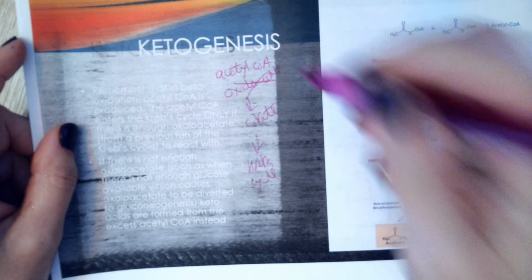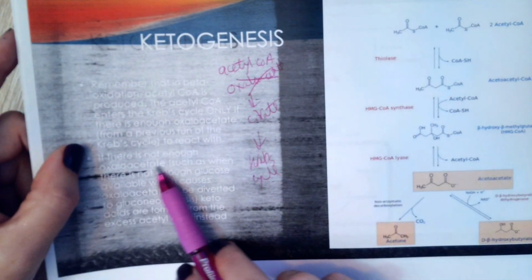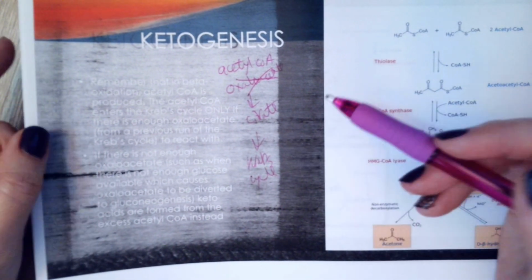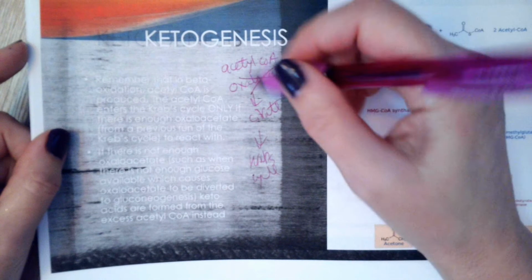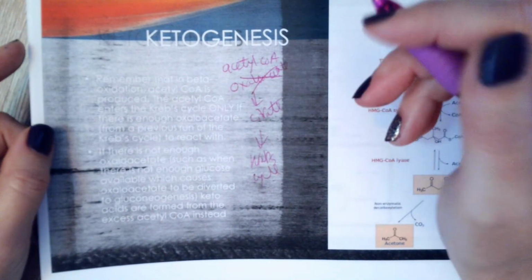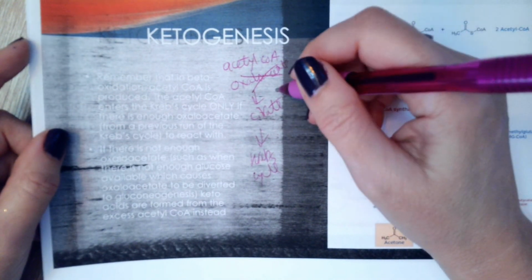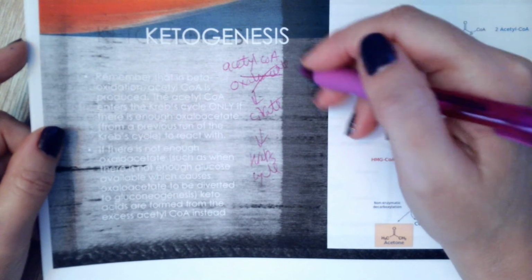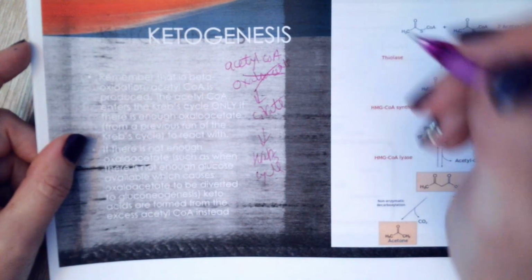But if you don't have oxaloacetate, meaning that you don't have enough glucose in order to get the creation of oxaloacetate, or if you don't have enough glucose, which causes the oxaloacetate to be diverted back up into gluconeogenesis.